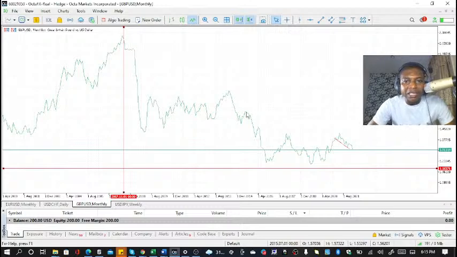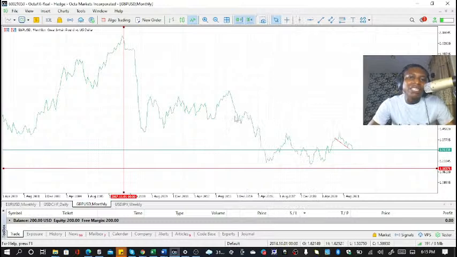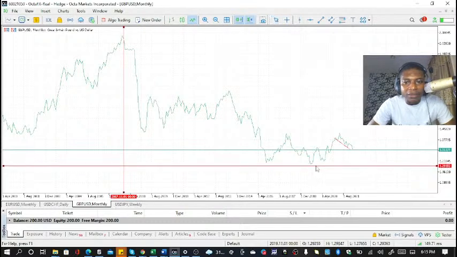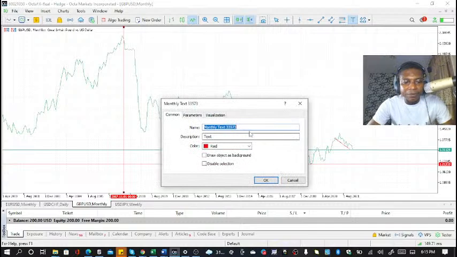Let me make my line chart. The line chart will tell you the significant areas to watch out for. So I will now move my line from here to here, because this area tells me that this level is a significant support level. Let's identify this place.